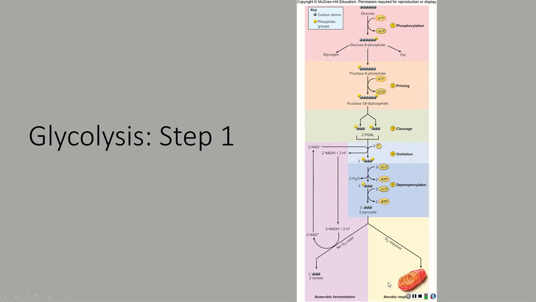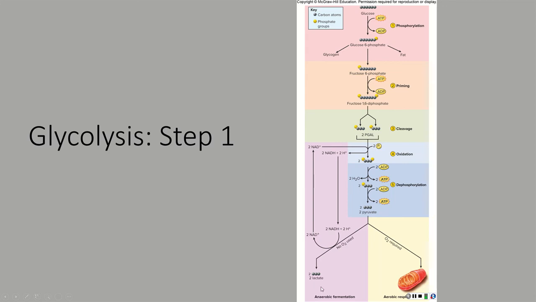Now, one thing that's different in glycolysis is if we have all of those other phases stopping, we take this pyruvate, and instead of passing it on to the preparatory phase, it gets converted into something called lactic acid or lactate.